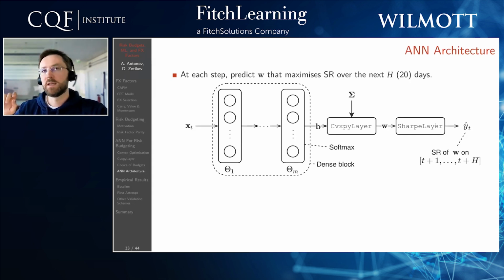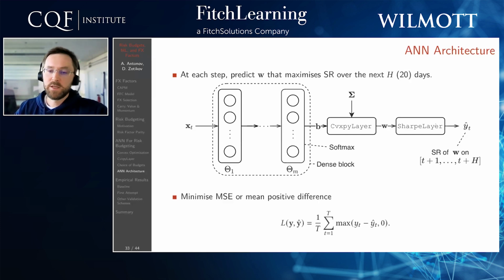In regression, you then compare what your network outputs with the ideal values, which we have already pre-computed. You could do it in many ways. For instance, you could minimize mean square error. The loss that we were using was a bit different. We were using mean positive difference because, fun fact, you can come up with a portfolio that has a better Sharpe ratio than the maximum theoretically possible one.